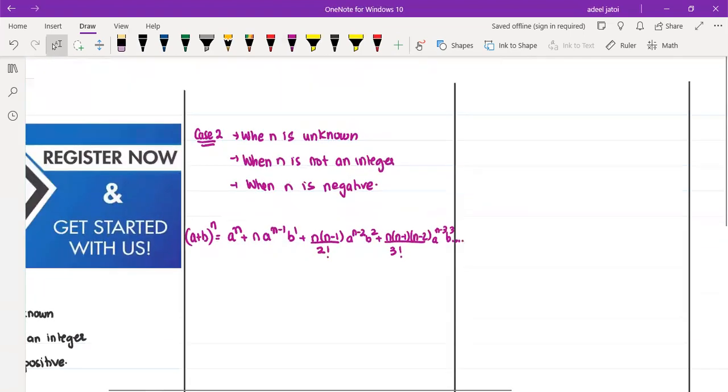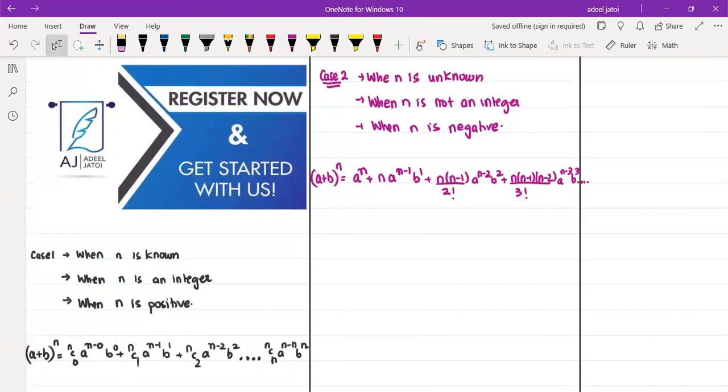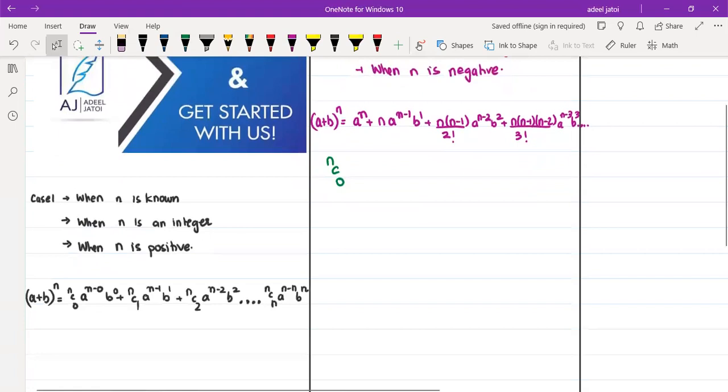Now generally in these two formulas, if you see, I have nC0 in the first term. This particular part is your first term. And in this formula, a^n is your first term.